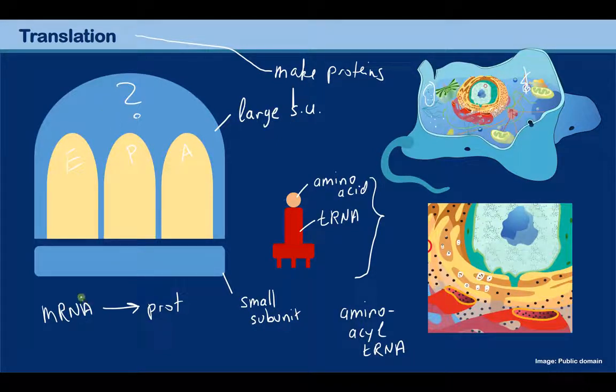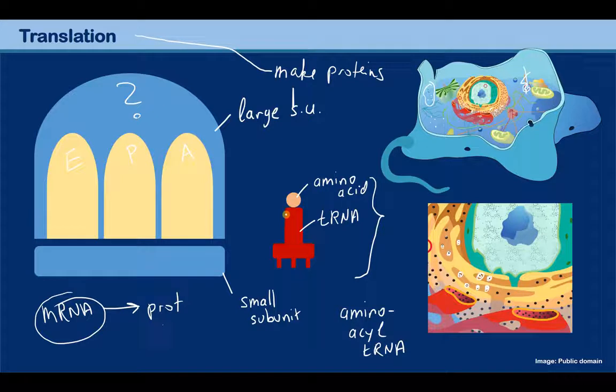This information on how to make the protein is on the mRNA. So the ribosome needs messenger RNA because it carries the information on which amino acids to connect together to make a protein. We have a lot of these tRNAs floating around with different amino acids, and they have to be put together now into the correct sequence.